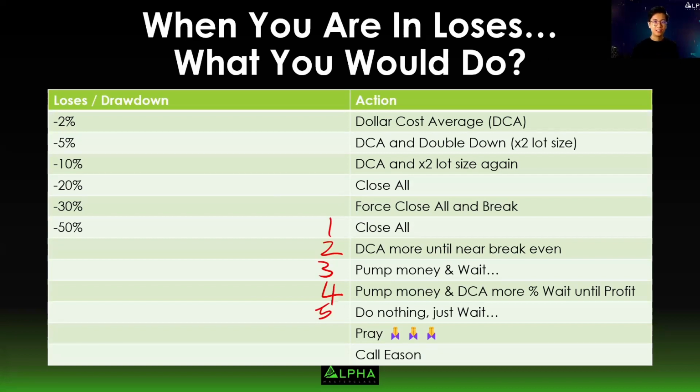Or 6, pray that it will go up, pray that it will be profit. 7, hey Ethan, please, I need help. Can you please lend me your credit card? I need to swipe it into my trading account before margin call. Okay, 1 to 7, which one do you think you will be doing? Ethan said close all. Yeah lah. Ethan said, okay, yes, I can borrow you my credit card. Give me your account. I close everything for you.